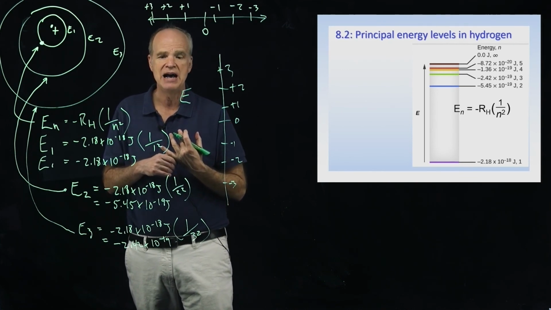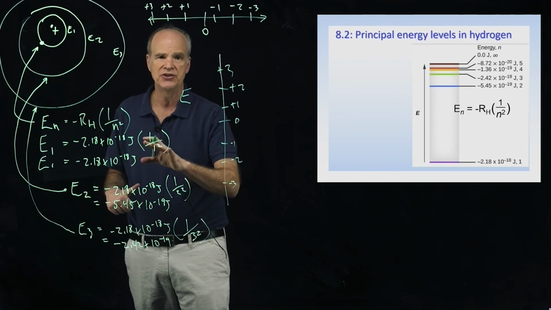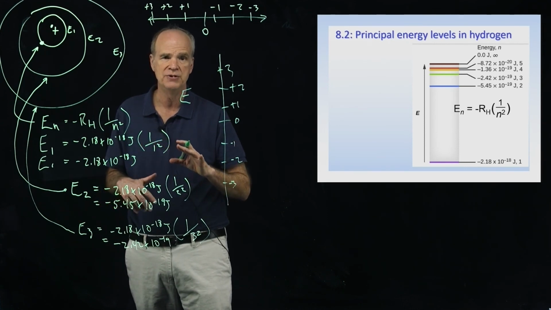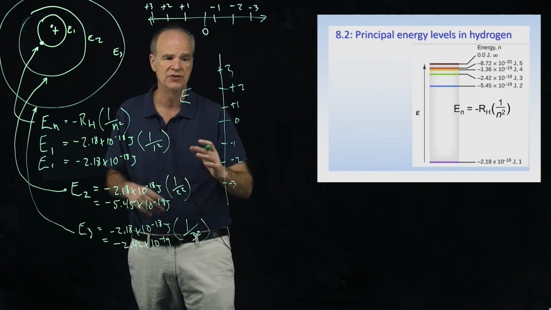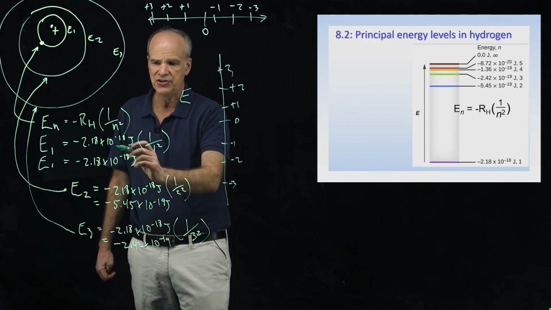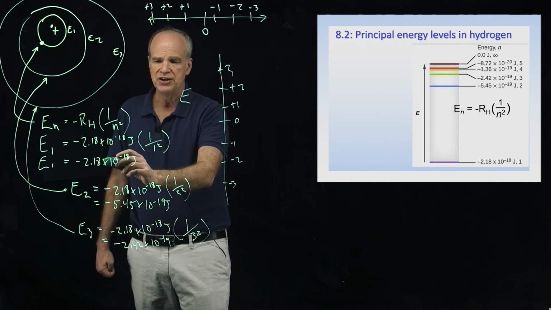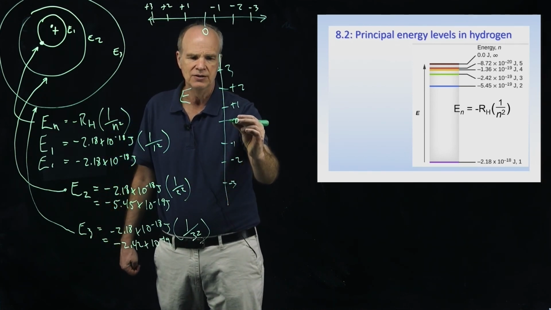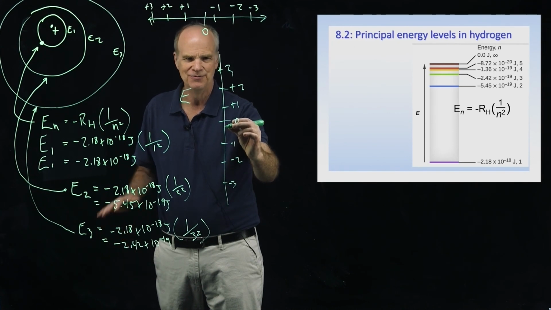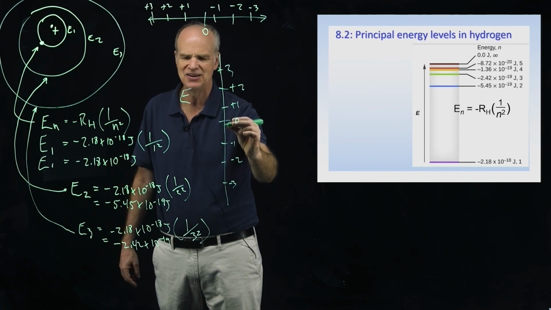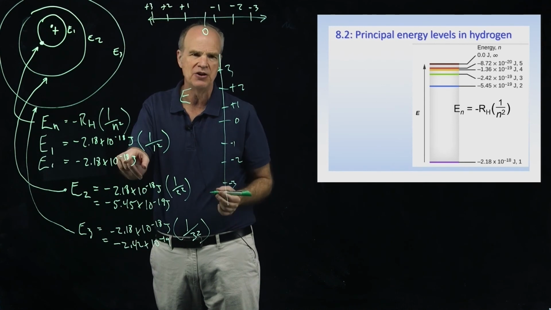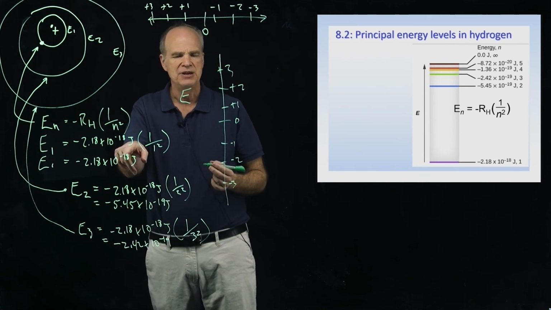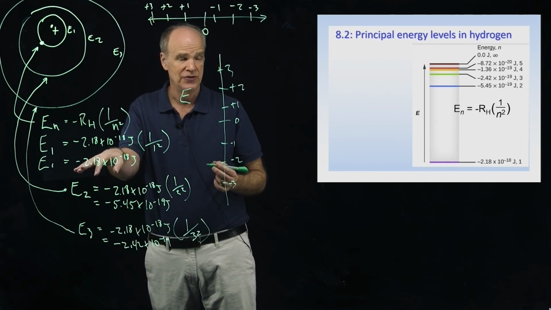So let's map out where these energies of the electrons would be when they're in their particular orbits on this number line. For example, when the electron is in its first orbit, it has an energy of negative 2.18 times 10 to the negative 18 joules. Here I'm going to map this, and I'm not going to use the exact correct location, but because the exponent is negative 18, it's going to be a negative here because of the negative sign.